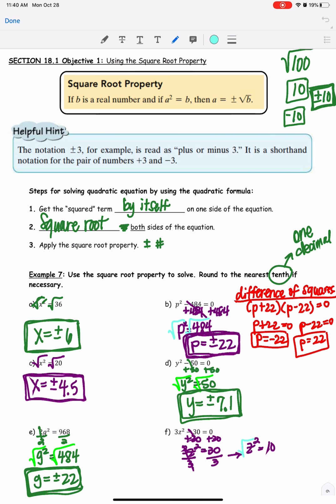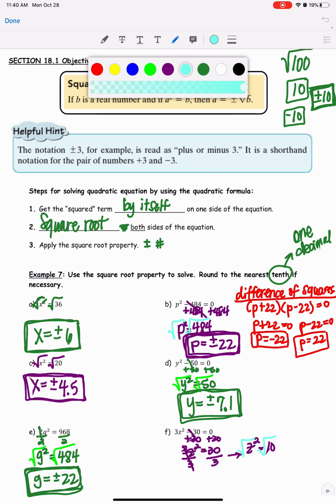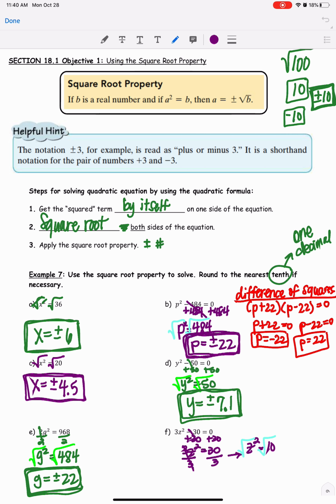So then take the square root of both sides. And when I round to 1 decimal place, I'm going to get z equals plus or minus 3.2.